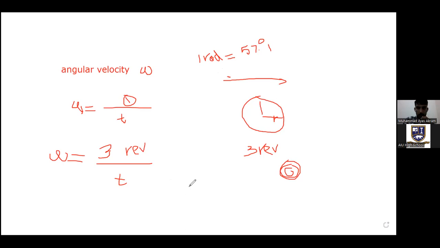Or we can say that 2 pi radians equals 360 degrees. Here we have 3 revolutions, so we can calculate the value and put it in the formula to get the angular velocity if we have the time as numerical data.